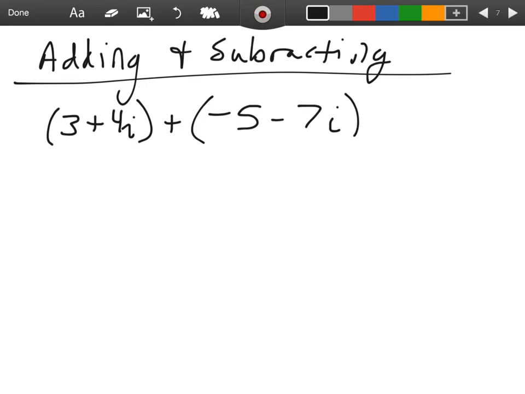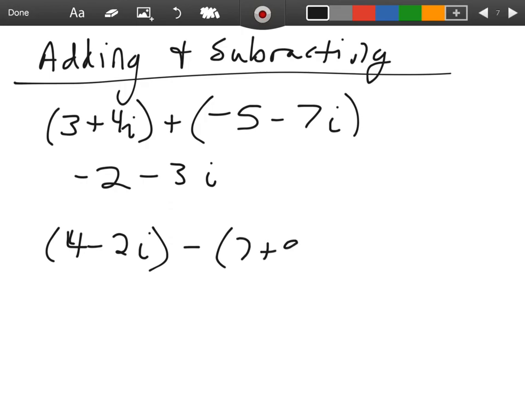If I combine just the real parts, 3 plus negative 5 is negative 2, and combine just the imaginary parts, 4 plus a negative 7 is negative 3i. Subtraction, same thing. 4 minus 2i minus 7 plus 9i. Add or subtract the real parts: 4 minus 7 is negative 3. Negative 2 minus 9 is negative 11.